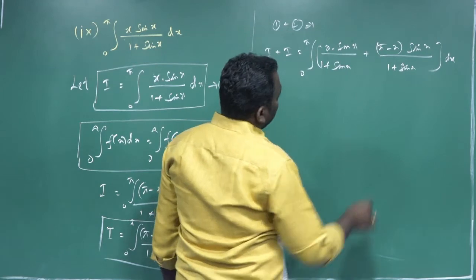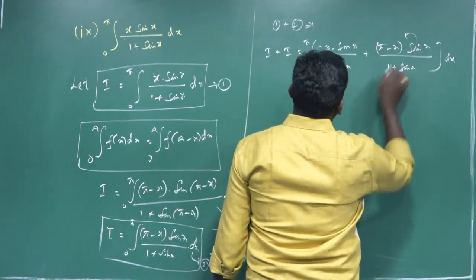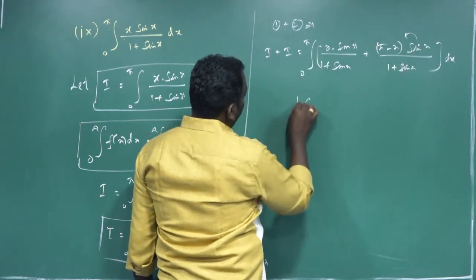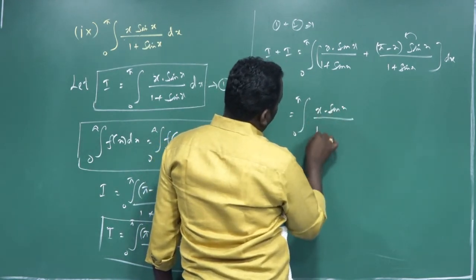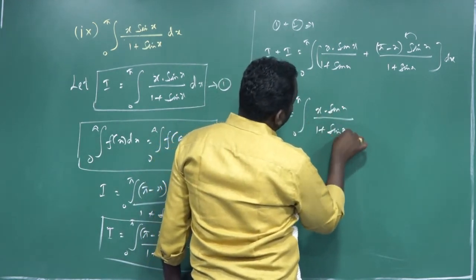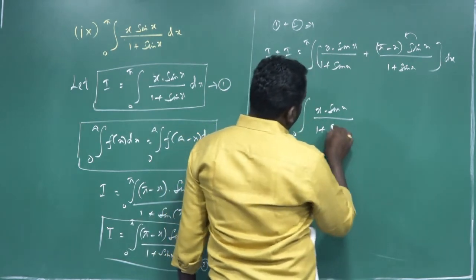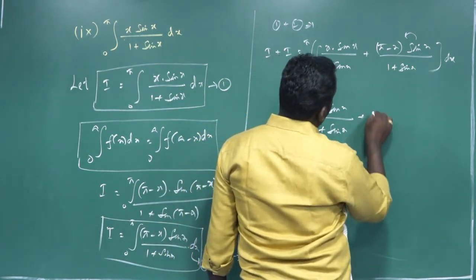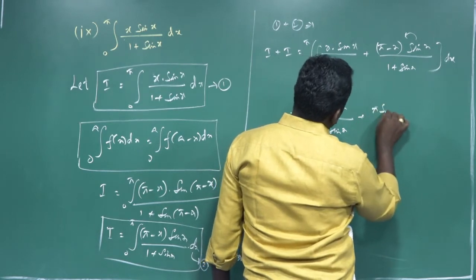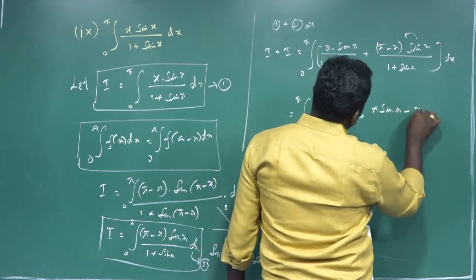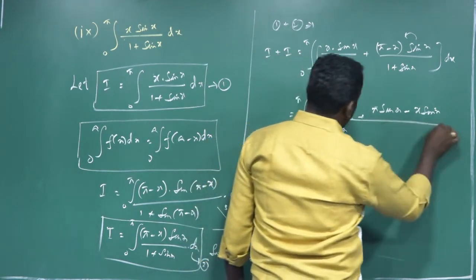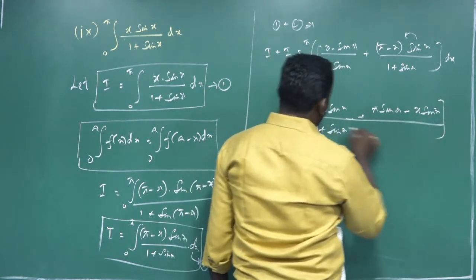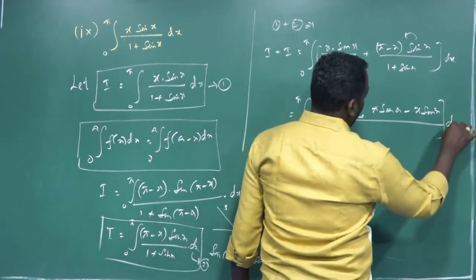Now multiply this term inside the bracket. It is equal to integral 0 to pi, x into sin x by 1 plus sin x as it is, and now plus, multiply the term, pi into sin x minus x into sin x. Simply take the common denominator 1 plus sin x, because both are the same denominator, into dx.